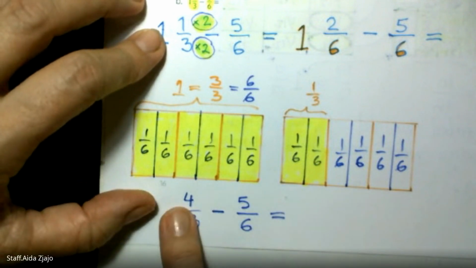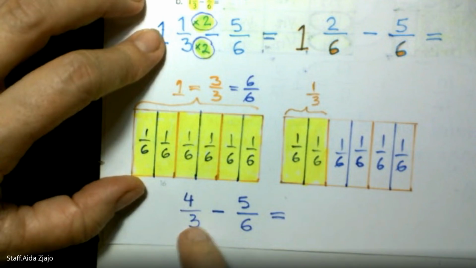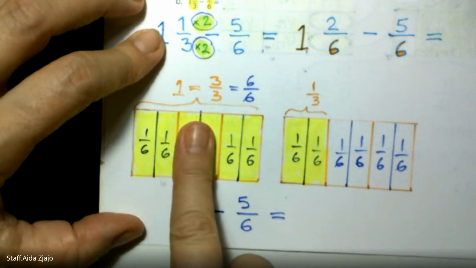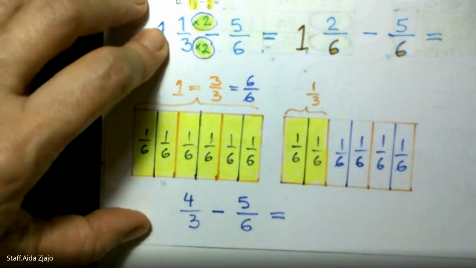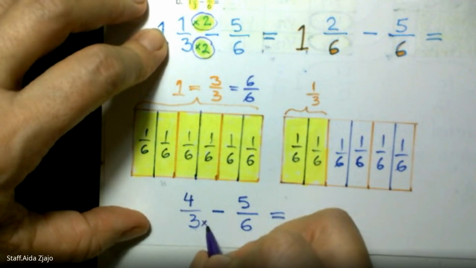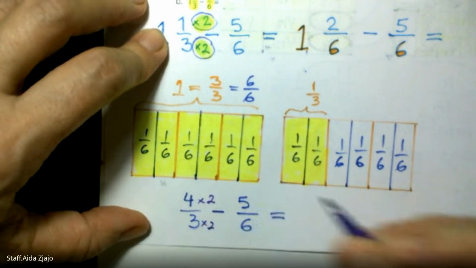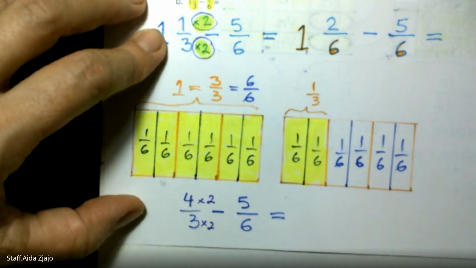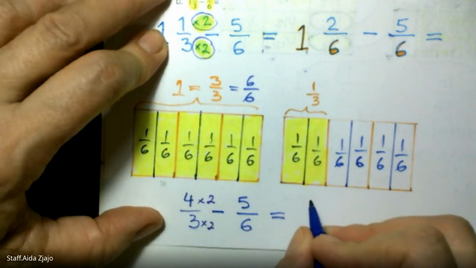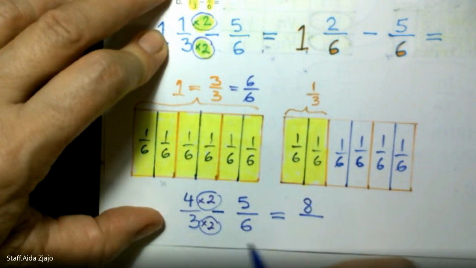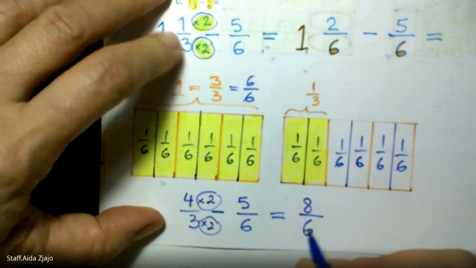So I first showed the whole and the third in thirds. That was 4/3: 1, 2, 3, 4/3. But then I needed to show how many sixths 4/3 is, times 2. That is 8: 4 times 2 is 8, and 3 times 2 is 6.